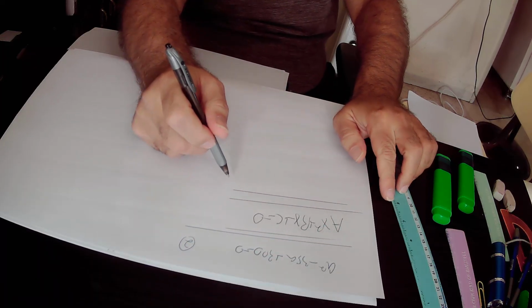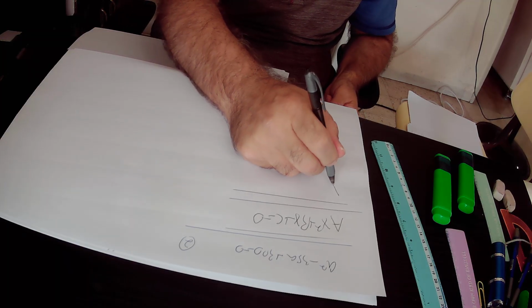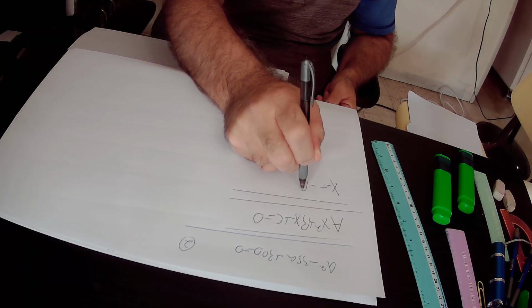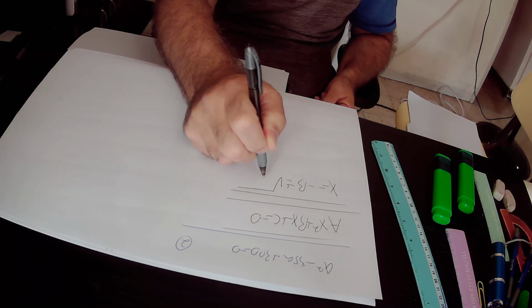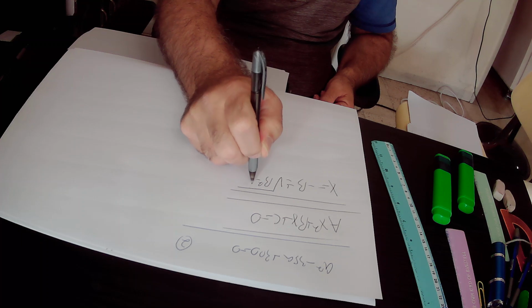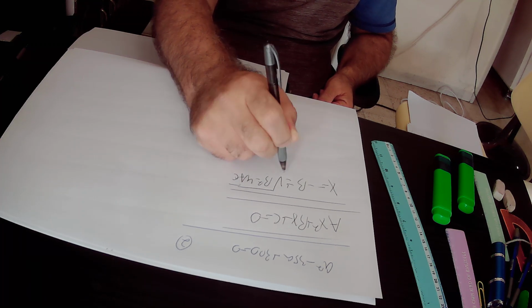We find the value of x according to the following formula: x equals minus b plus or minus the square root of b squared minus 4 times a times c, over 2a.